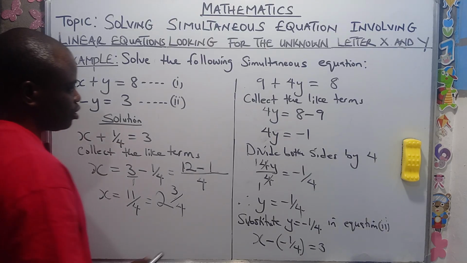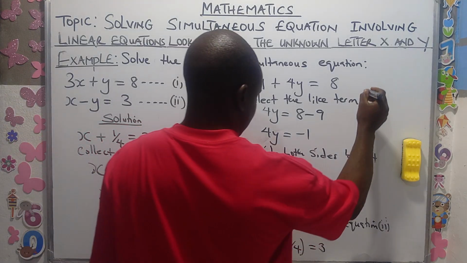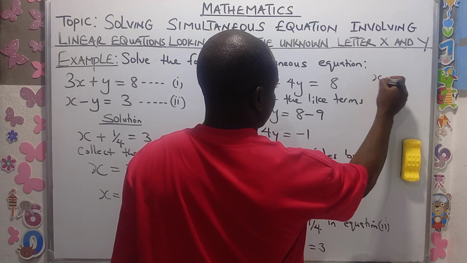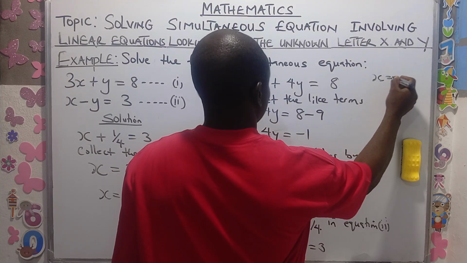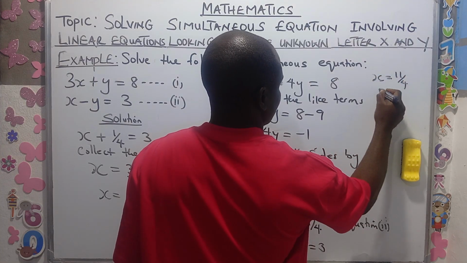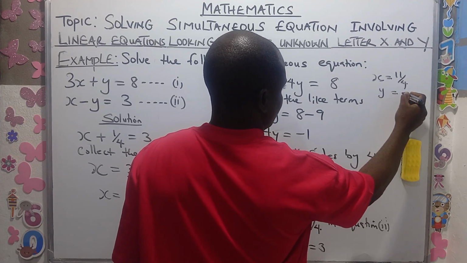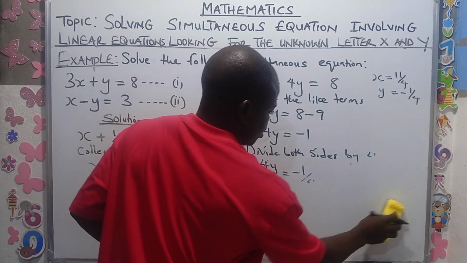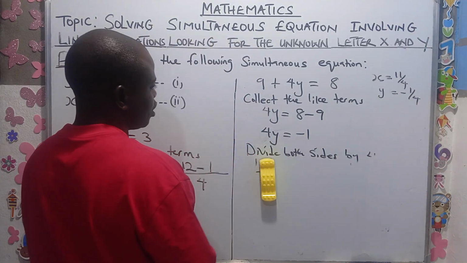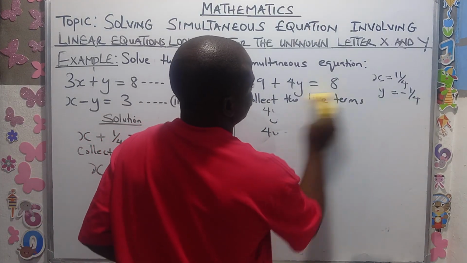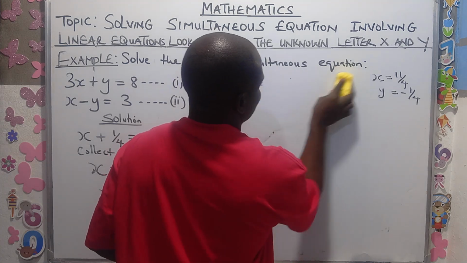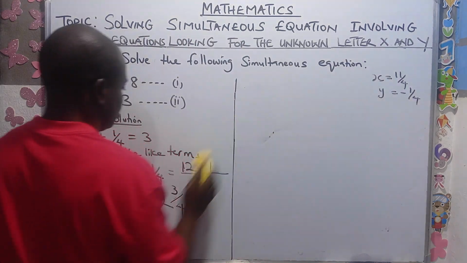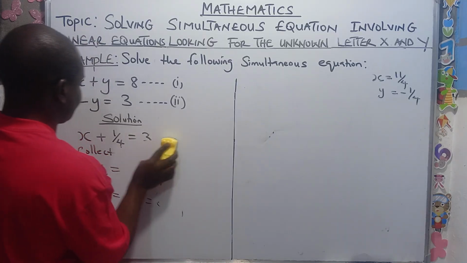From this substitution method, we know that our x is 11 over 4 and y is minus 1 over 4. Let's check before we use the elimination method to know if what we got is correct. Let's check.